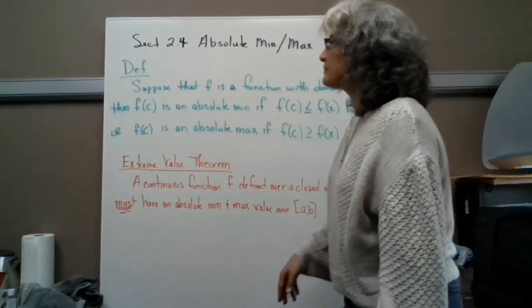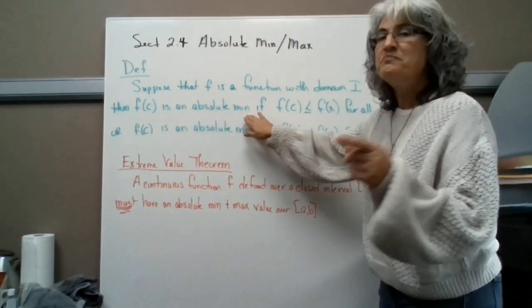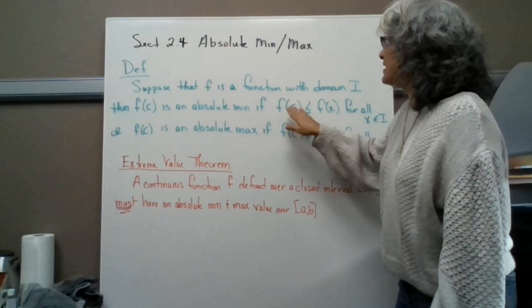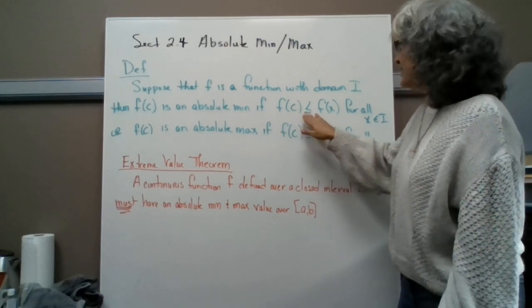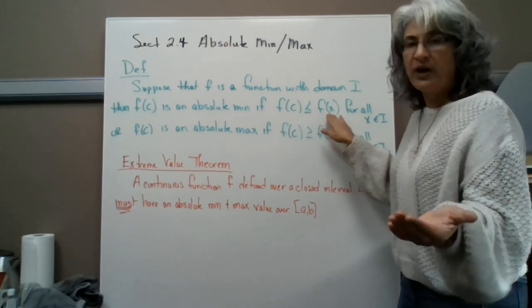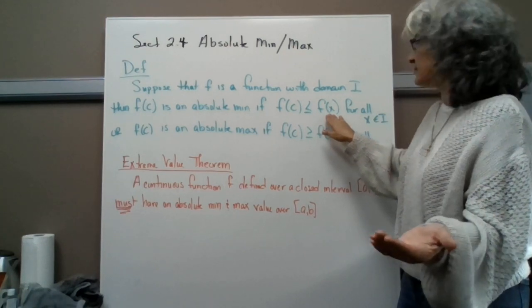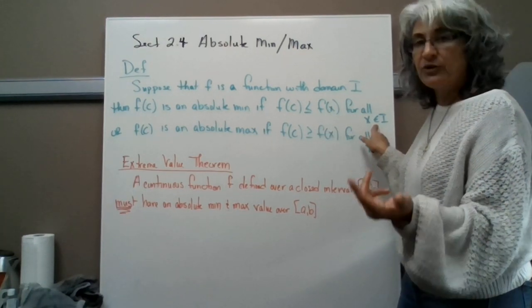So then f of c is an absolute minimum if this y value at c is less than or equal to all the other y values for every x that's in this domain.